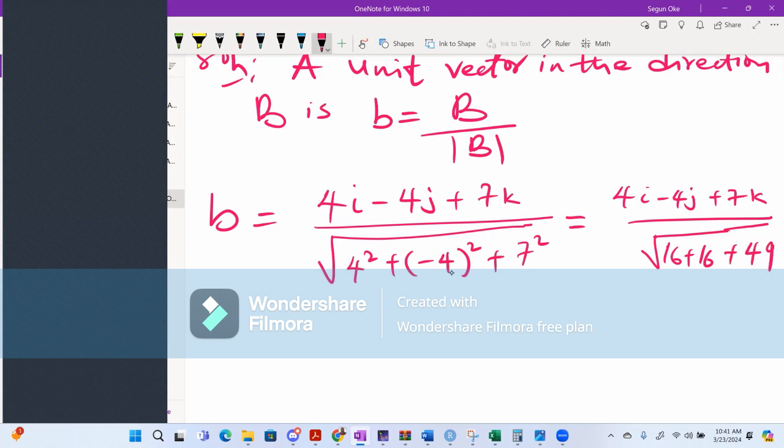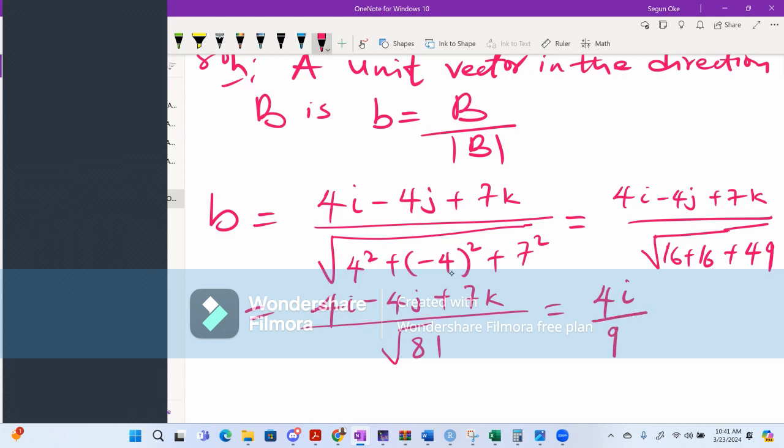When you add everything together, what do you have? 81. Divided by the square root of 81. The square root of 81 is 9. So we have 4i divided by 9, minus 4j.